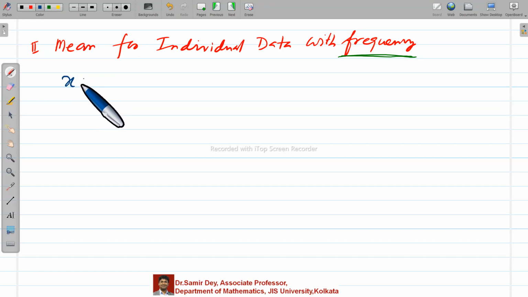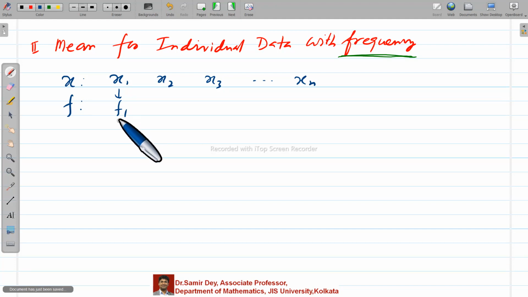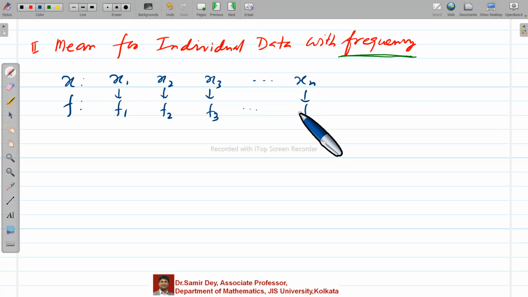Basically, x: suppose you have x1, x2, x3, ..., xn, and f stands for frequency. Suppose f1 means x1 repeats f1 times, x2 repeats f2 times, x3 repeats f3 times, and xn repeats fn times.